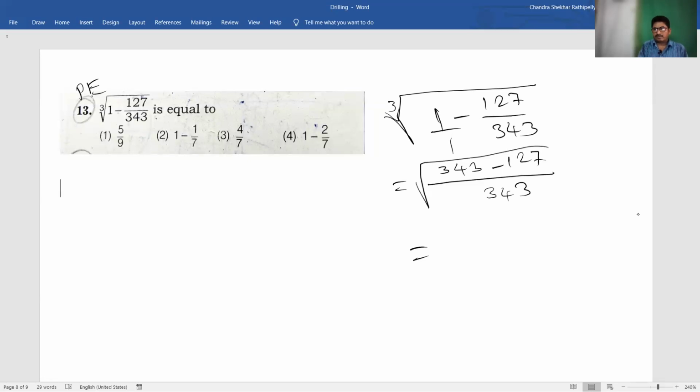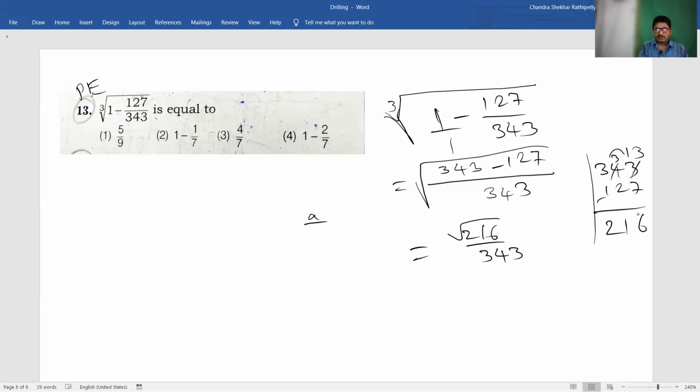343 minus 127: 13 minus 7 is 6, 3 minus 2 is 1, 216 by 343. 216 we may write like this: cube root of a by b is equal to cube root of a by cube root of b.